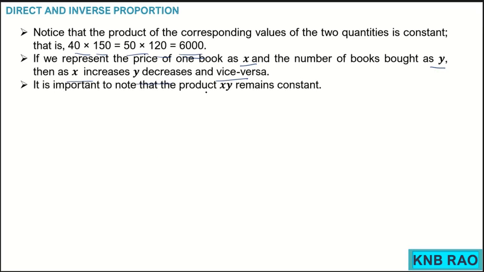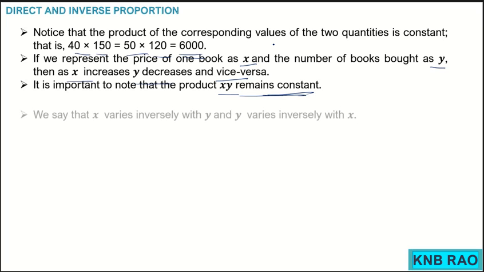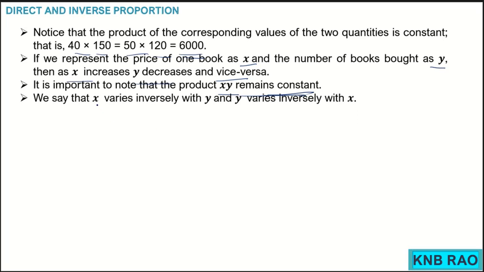It is important to note that the product xy remains constant. To call x and y inversely proportional, the product of x and y should be constant. We say that x varies inversely with y and y varies inversely with x if the product xy remains constant.